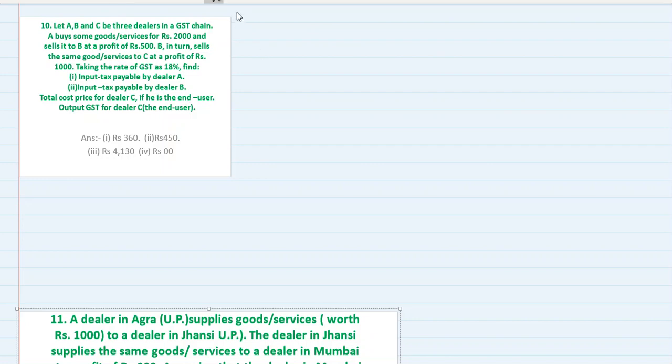Okay, let's first draw a chain and try to understand what is happening. So there are three people, three dealers: A, B, C. Okay, three people involved in this commercial chain. A buys some goods for rupees 2000.